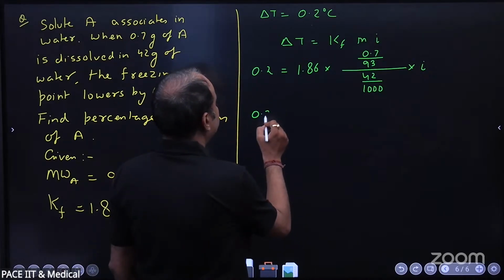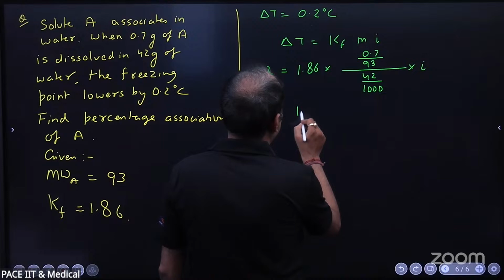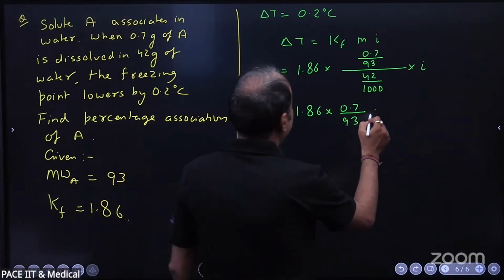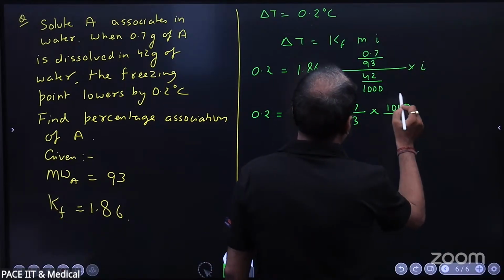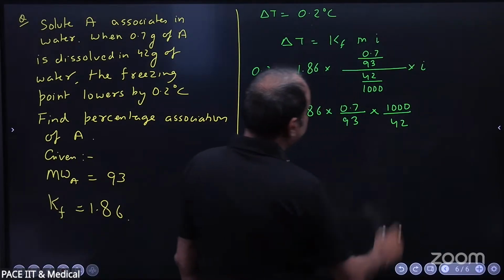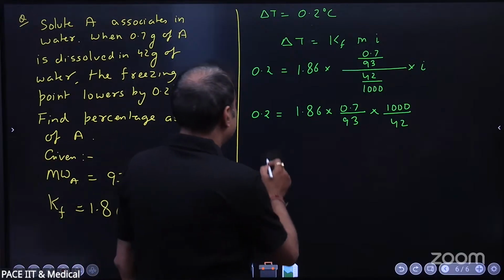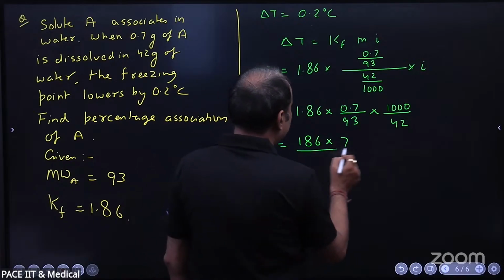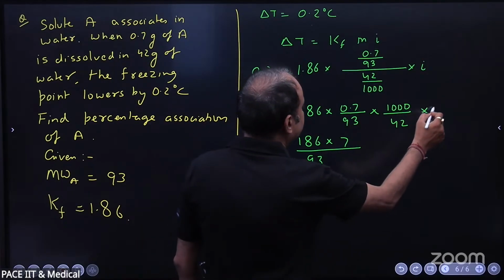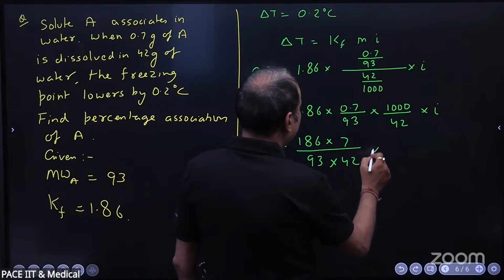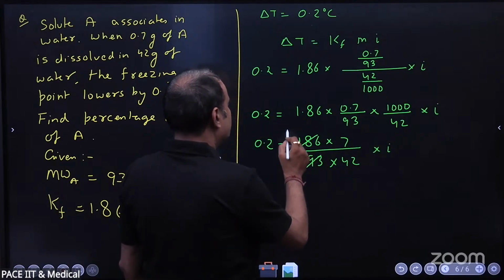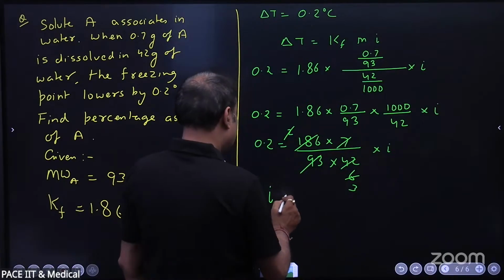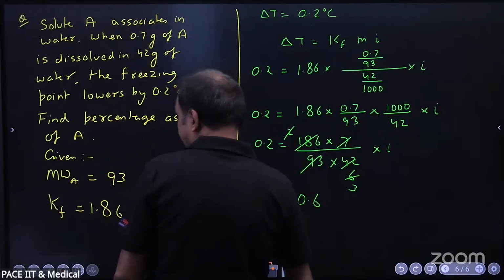So from here we can simplify this: 0.2 is equal to 1.86 into 0.7 by 93 into 1000 by 42 into i. So the Van't Hoff factor we get as 0.6.